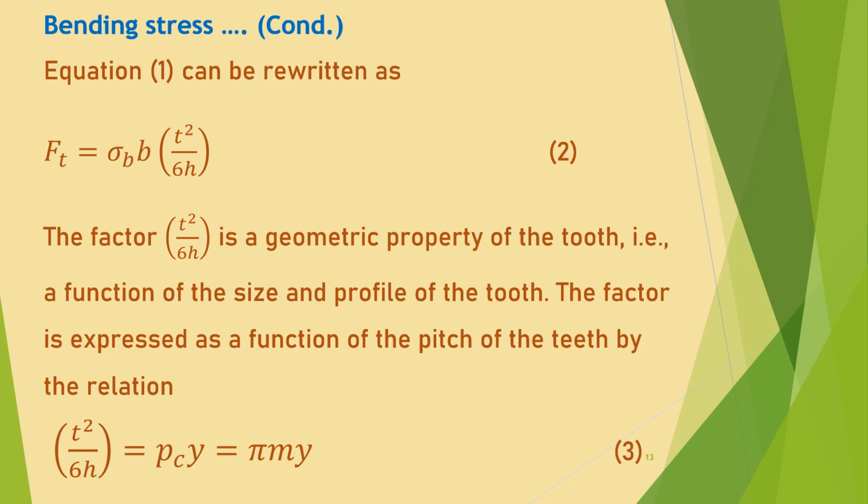The factor t square divided by 6h is a geometric property of the tooth, that is, a function of the size and profile of the tooth. The factor is expressed as a function of the pitch of the teeth by the relation t square divided by 6h is equal to Pc into y, that is equal to pi m y.